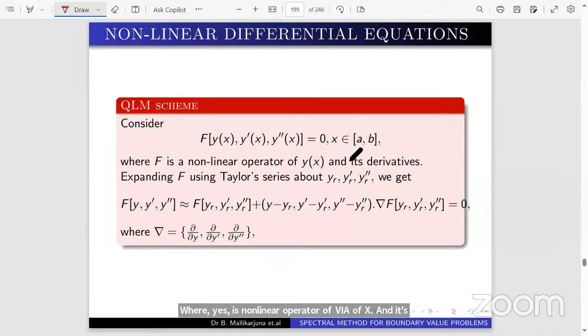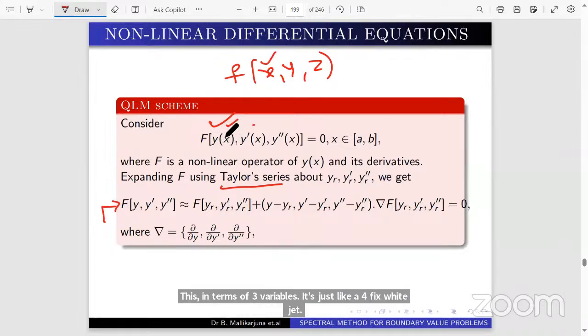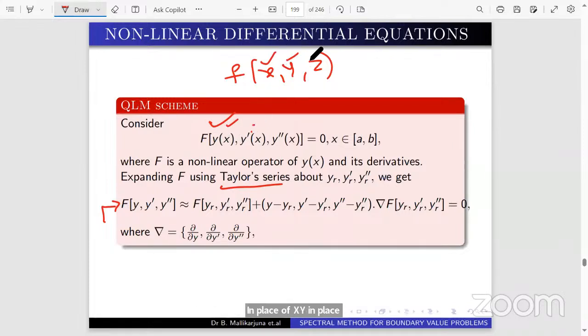How do we convert? Using Taylor series. Expand this f in terms of three variables. It is just like f of x, y, z. In place of x, y. In place of y, y prime. In place of z, y double prime.